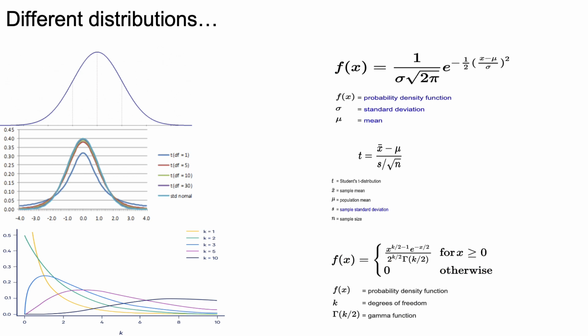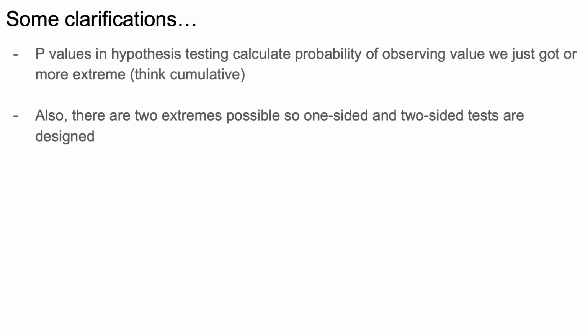I also want to mention that apart from the binomial distribution, there are other types of distributions. The distribution plots are shown on the left and the corresponding formulas are shown on the right. The top panel shows the normal distribution, the middle panel shows the t distribution, the bottom panel shows the f distribution.